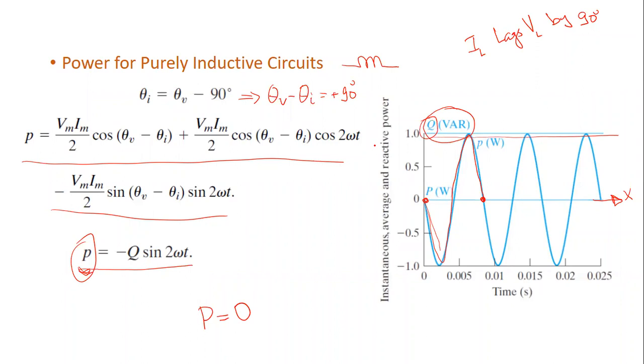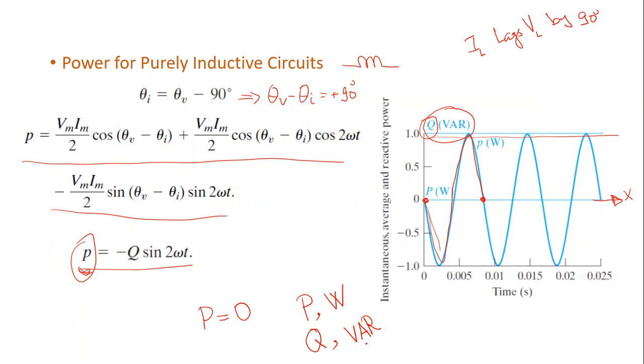In order to distinguish between these types of power, the average power P is measured in watts, and the reactive power Q is measured in volt amperes, because it is the product of the voltage and the current. We add the letter R to indicate that this is a reactive power.